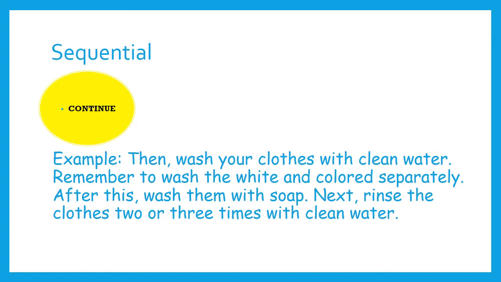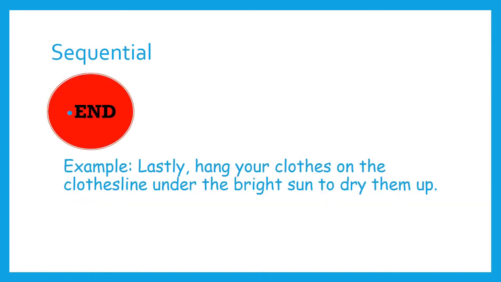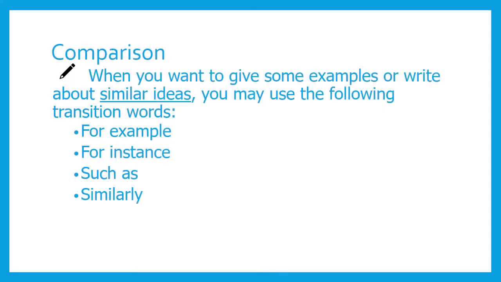Read the example. Lastly, hang your clothes on the clothesline under the bright sun to dry them out. Identify the transition signal used. Right, we used lastly. Now you have an idea what words we use to indicate sequence or order.